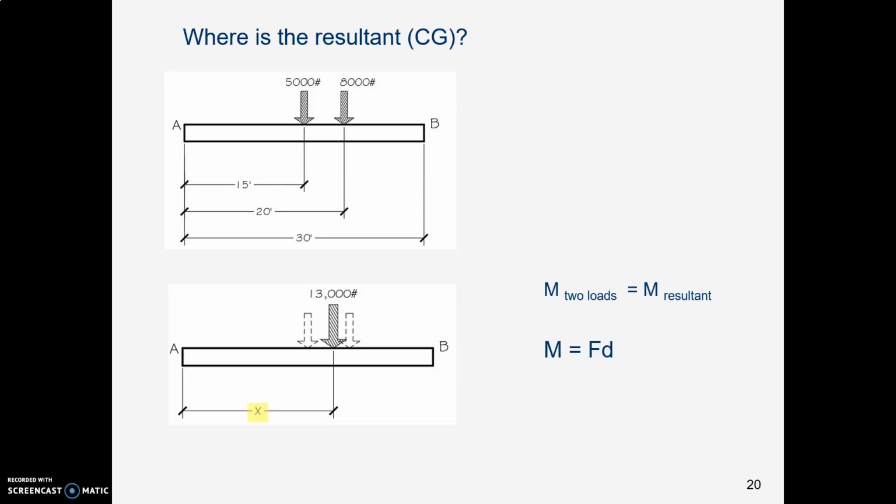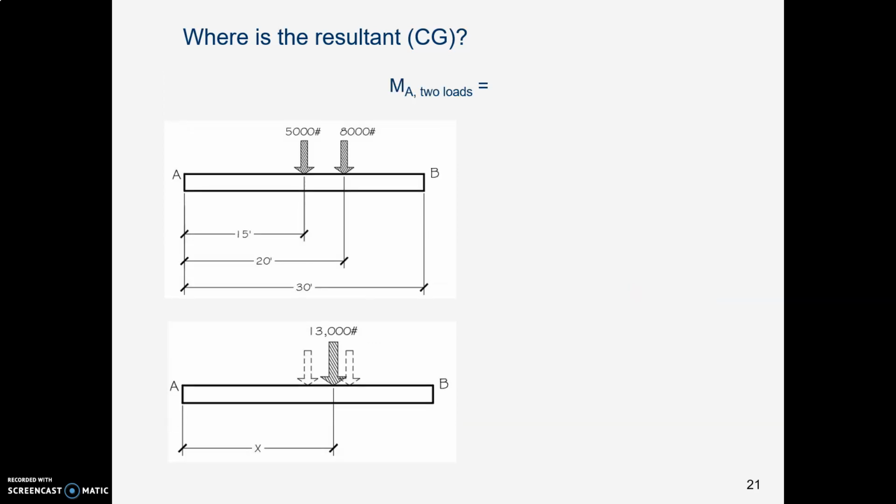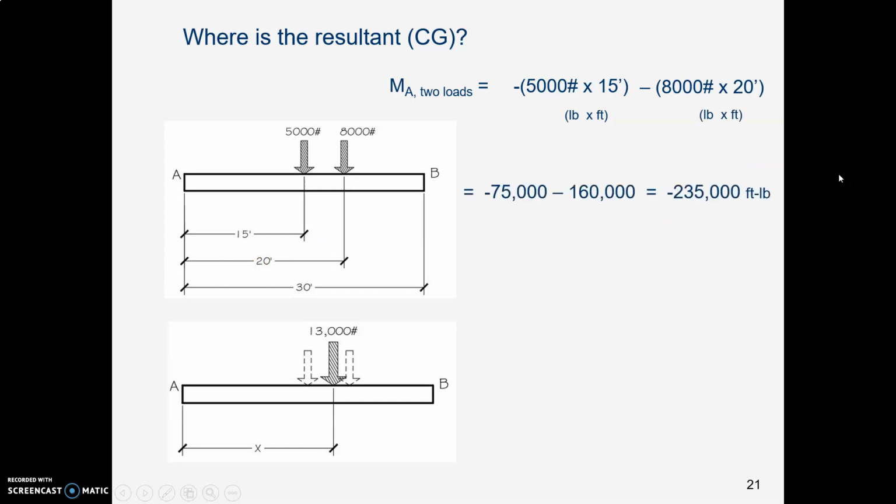Okay, now the moment caused by the 2 loads is the same as the moment caused by the resultant. So let's work through that using our moment equals force times distance. The moment caused by the 2 loads: there's the 5,000 pound load times 15, negative because it's clockwise. There's the 8,000 pound load times the 20-foot distance, negative because it's clockwise.